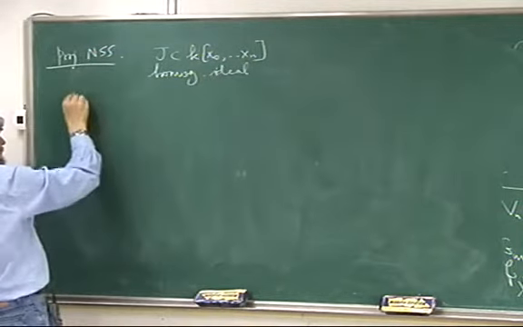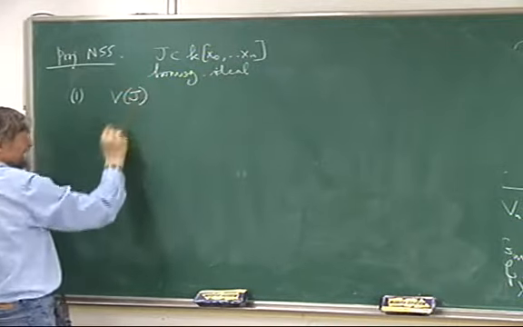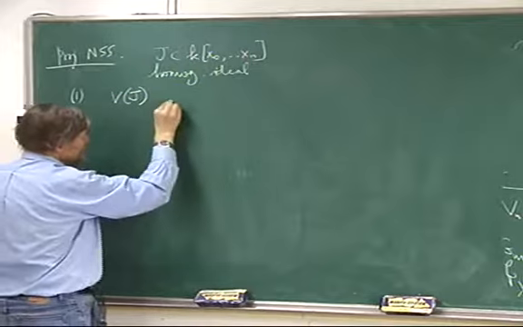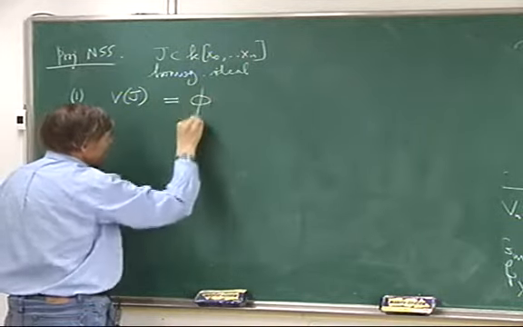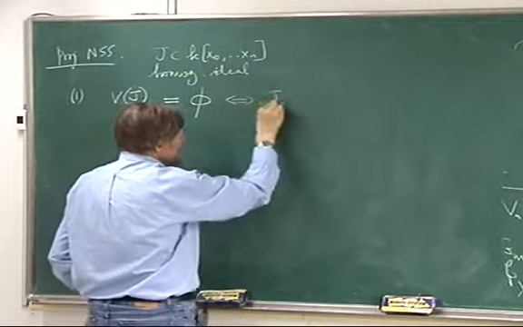Then the first thing is to say V of J is empty if and only if J is irrelevant.